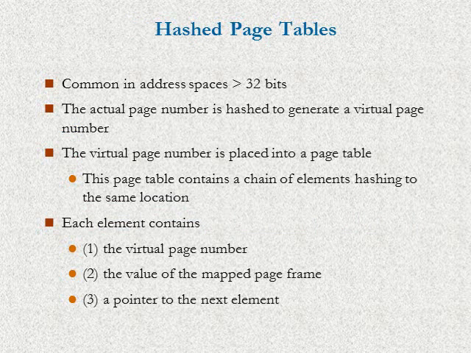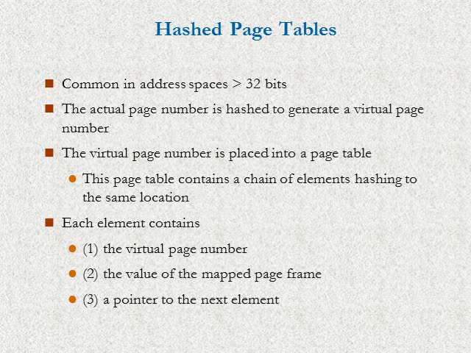As we have seen, hierarchical page tables cause a problem of tremendous searching, as there are a lot of elements present in the page table when we have an address space greater than 32 bits. So for such address spaces, we have the solution in the form of hashed page tables.